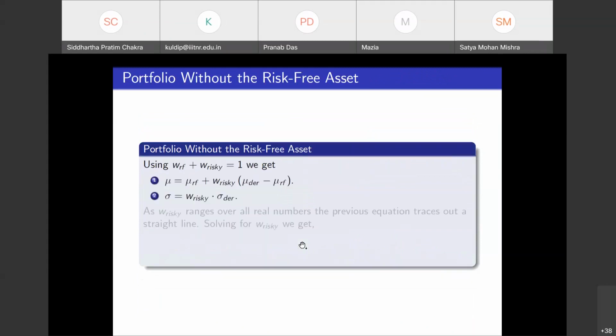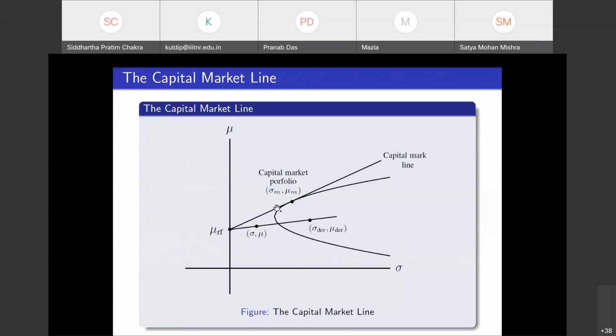So as an investor, instead of looking for what to invest where, it is enough that you decide you want this level of mu, then you choose the appropriate combination of mu RF and this, which will give you a value here. So you don't need to invest in a lot of things.